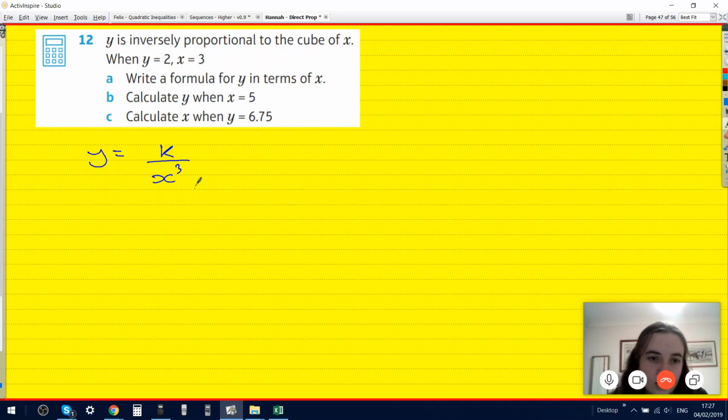Two equals k over 9 cubed? Oh, 27. Then k equals 2 times 27, which is 54.